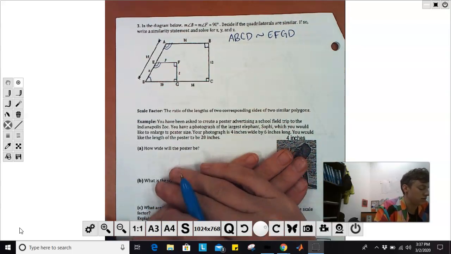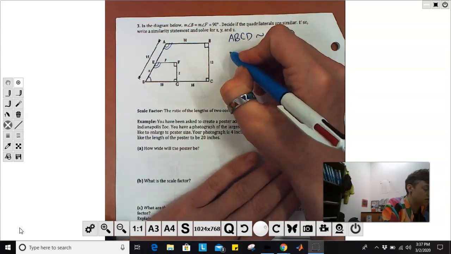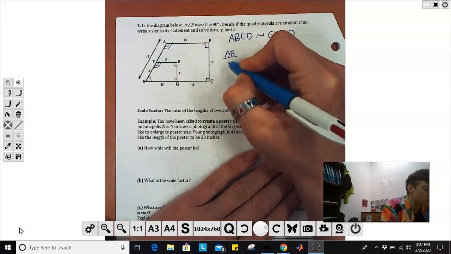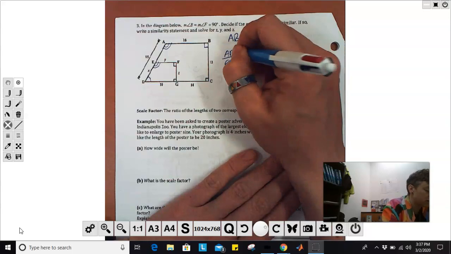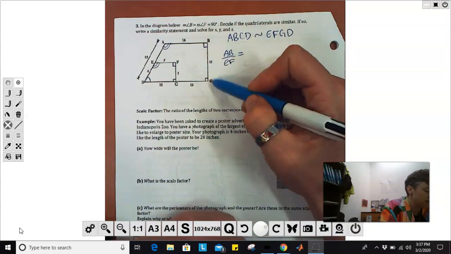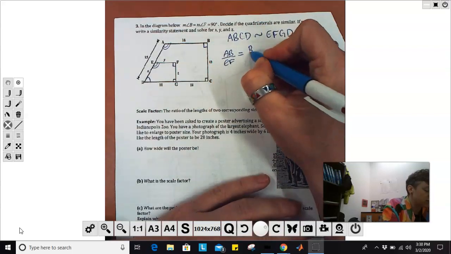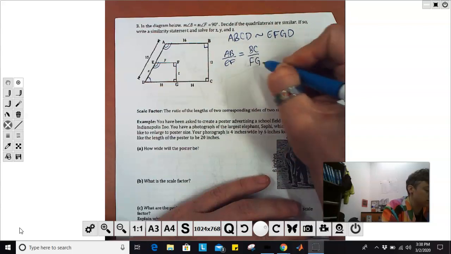So we can solve for x and y and z using similarity statements. Like AB over EF, the first 2 letters in each, is equal to, let's do BC and FG.